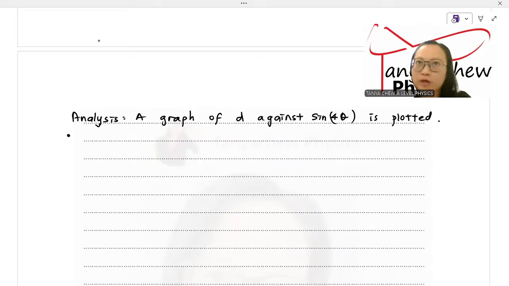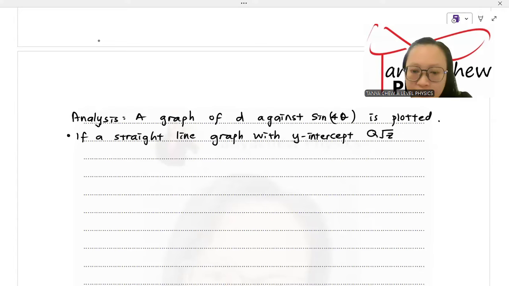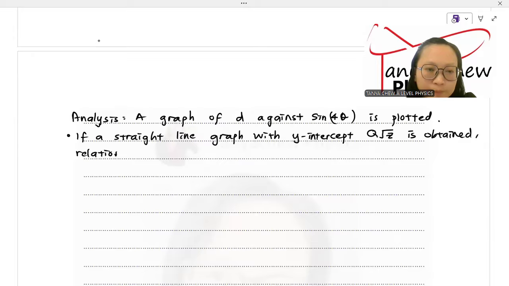And you have to predict what kind of graph you would get since the relationship is already given. So I say that if a straight line graph with, because this is not a graph that passes through the origin, a y-intercept of q square root of z is obtained, the relationship is valid.